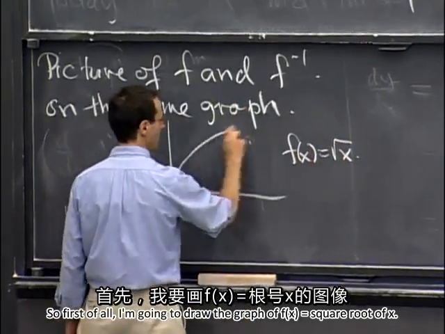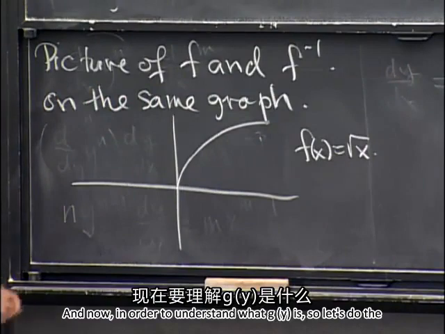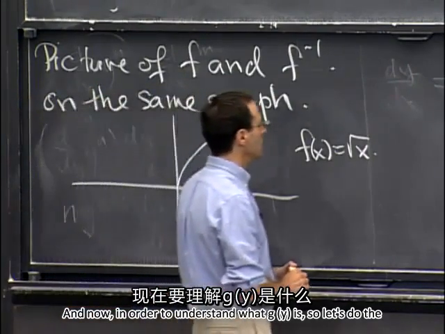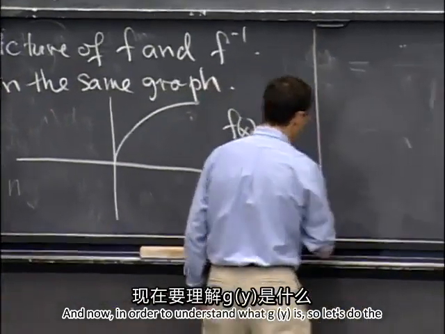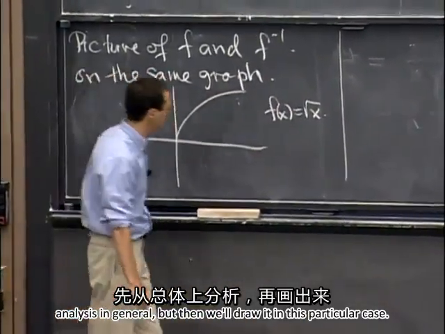All right, that's some shape like this. And now, in order to understand what g of y is, let's do the analysis in general, but then we'll draw it in this particular case.